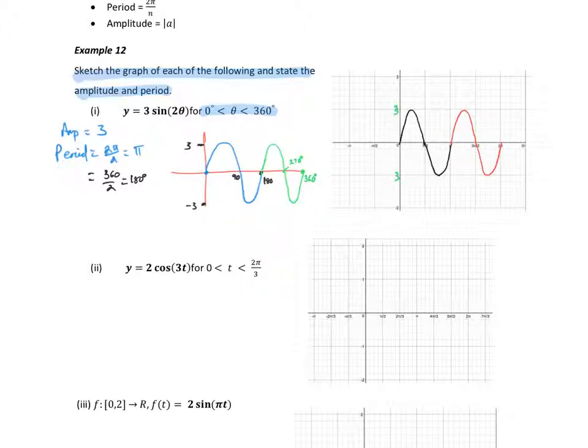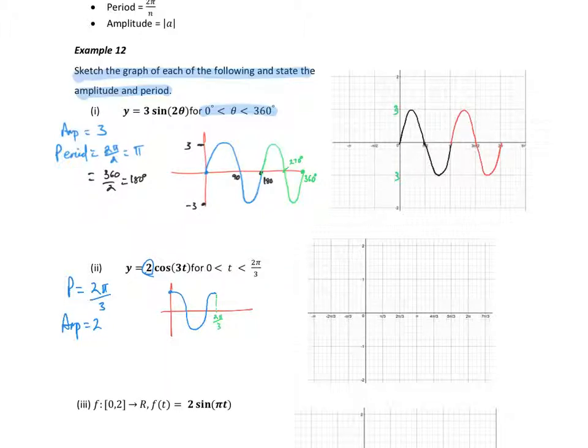If I come into the second one, the period is equal to 2 pi on n, which is 3 in this case, and the amplitude is equal to 2. Again, if I just had to do a quick sketch here, my cosine graph starts up here and then comes around, and that point there is whatever value the period is, which in this case is 2 pi on 3.